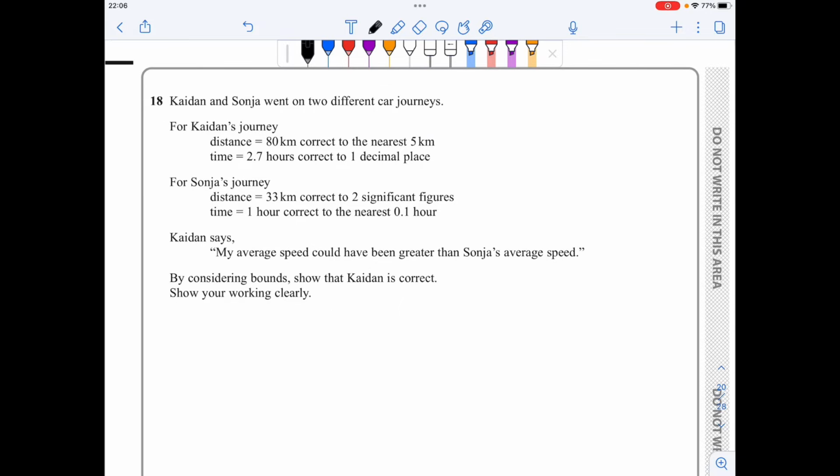I'll start question 18 by finding the lower and upper bound for the distance and time for each one. So for Kaidan, the distance is between 77.5 and 82.5, and the time is between 2.65 and 2.75.